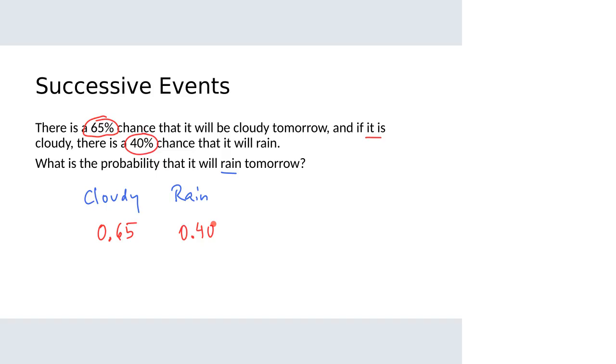And in order to find the probability of two things happening one after another, here, it's cloudy and then it rains, find the probability of each event and then multiply those together. And so we'll multiply these and have 0.65 times 0.4, which is 0.26. So what's the probability it's going to rain tomorrow? 0.26.